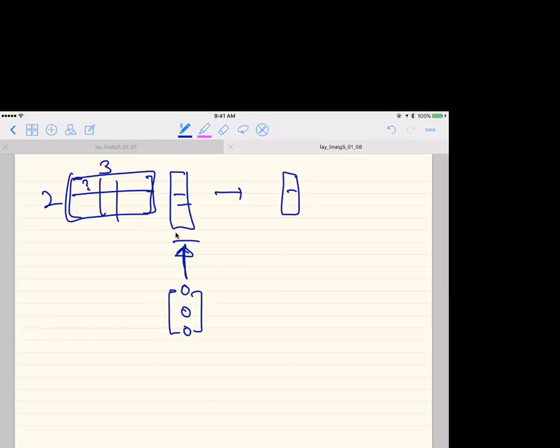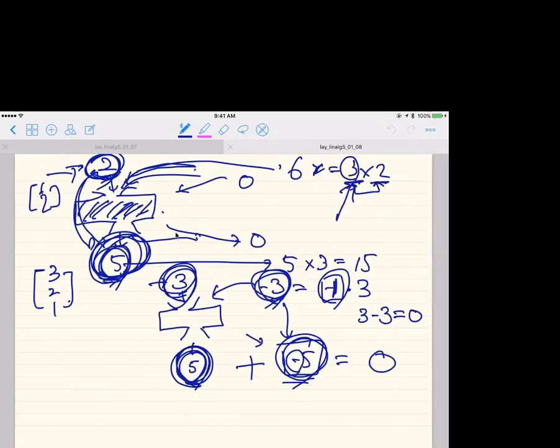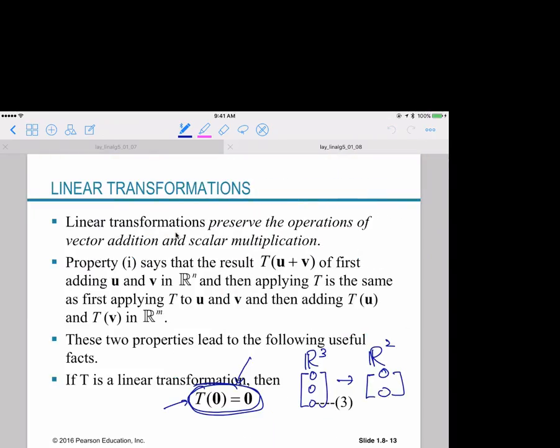You don't know the exact values of this matrix, but you always know the function output. Multiplying any matrix A with the 0 vector will always give the 0 vector. So the transformation defined as this matrix multiplication automatically satisfies this condition.